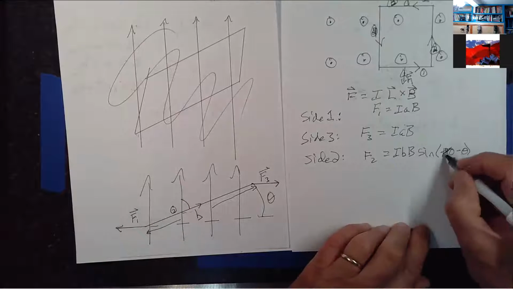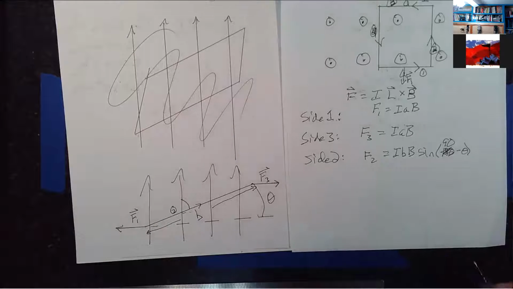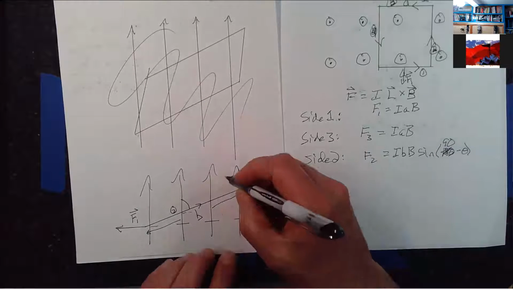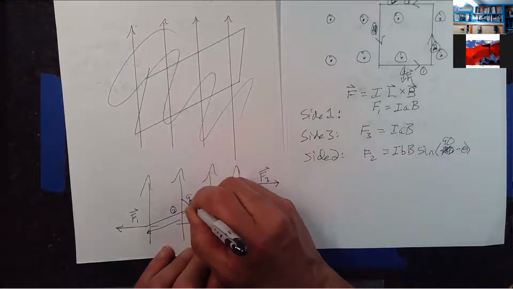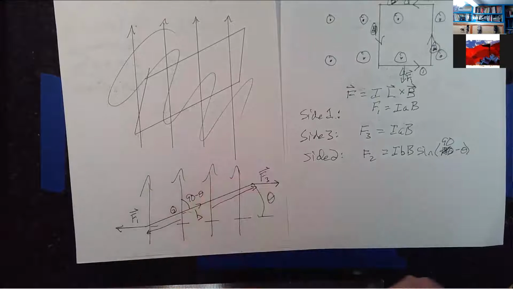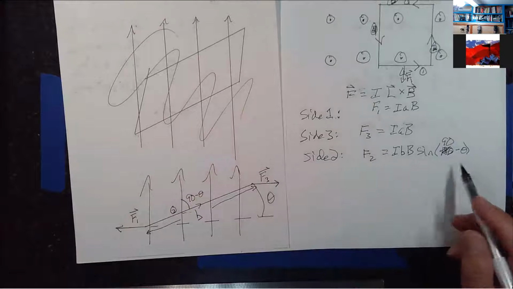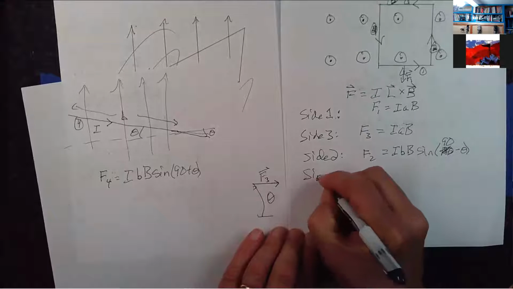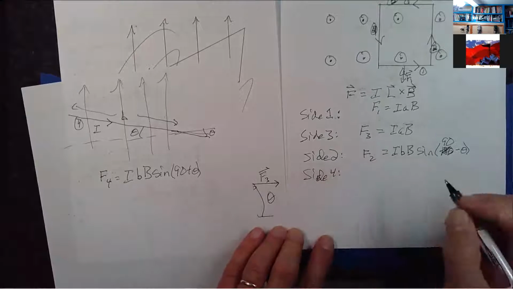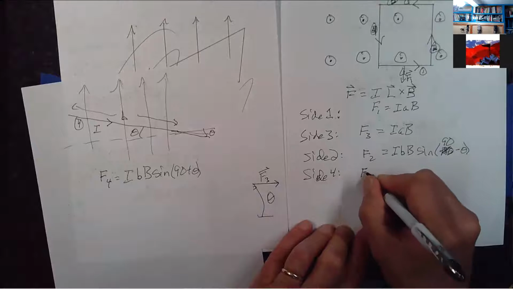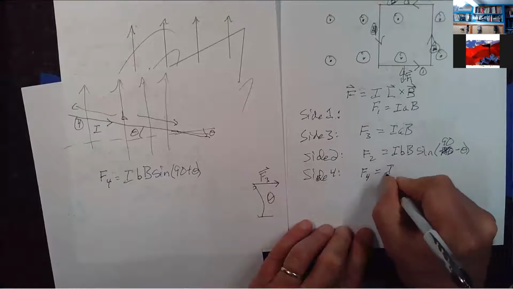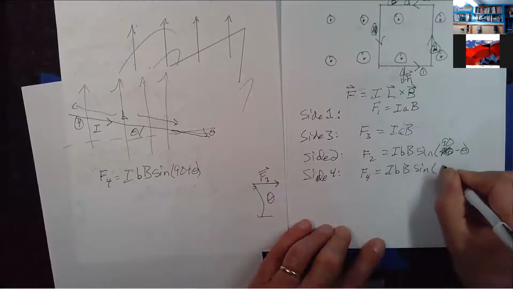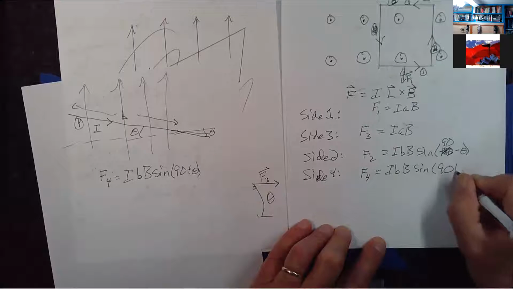Yeah. Okay. For side 2, this angle here is 90 minus theta. I don't know where I got 180 minus theta. Anyway, it should be 90 minus theta. So side 4 is going to be, F4 is I little b capital B sine of 90 plus theta.